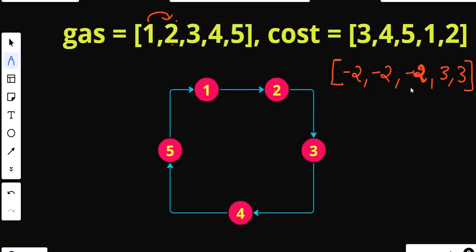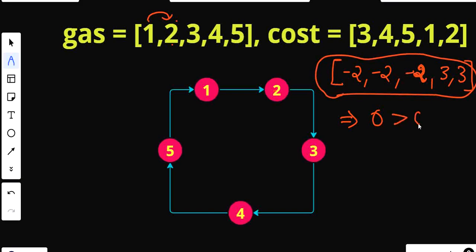So if we sum up the values of this whole array, we can see that the total is 0, correct? So the first thing that we realized is, if the sum of these demands or requirements that we are calculating is 0 or greater than 0, so if it is 1, 2, 3 or something, in that case we know that there is a solution existing.